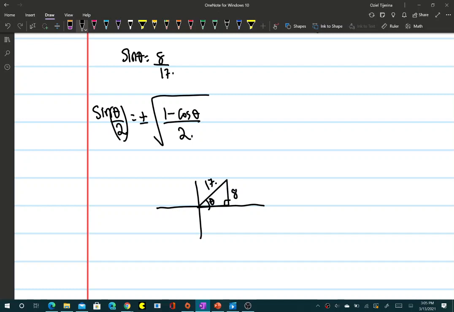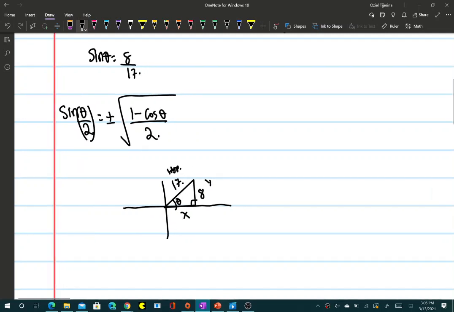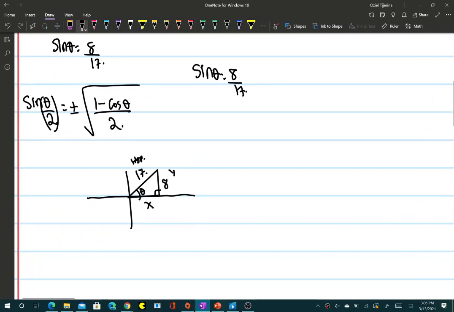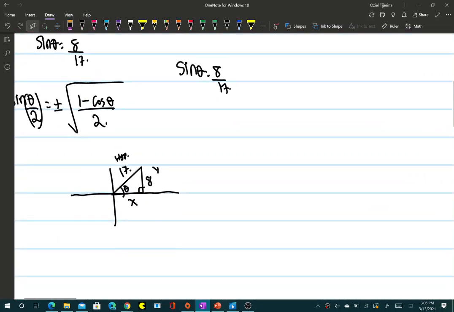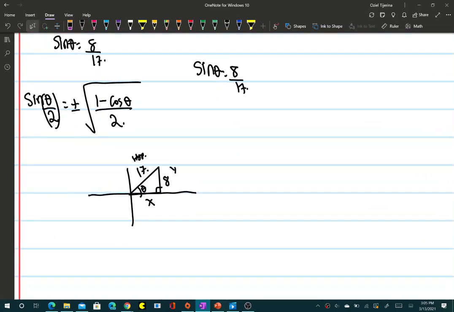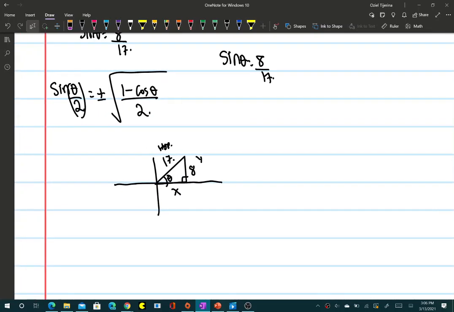And notice that this is x, this is y, and this is our hypotenuse, or you can also say r, the radius. But we know that sine of theta equals 8 over 17. Now, you can find cosine theta by doing the Pythagorean theorem.